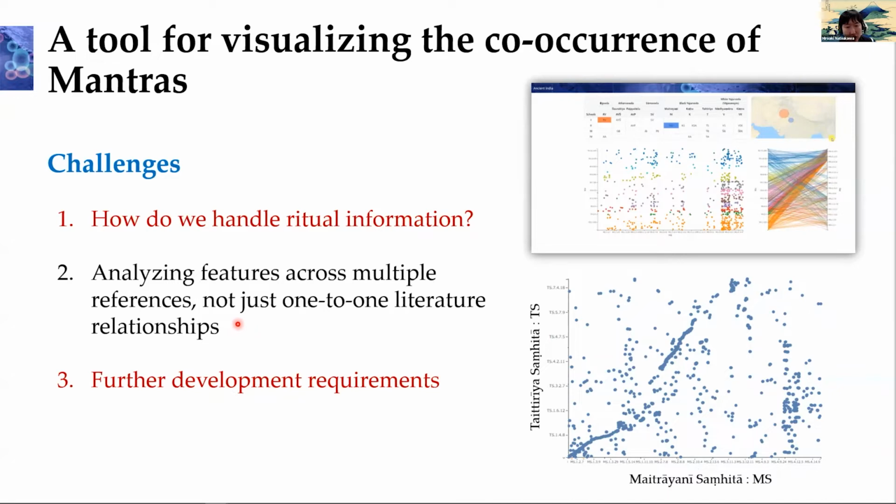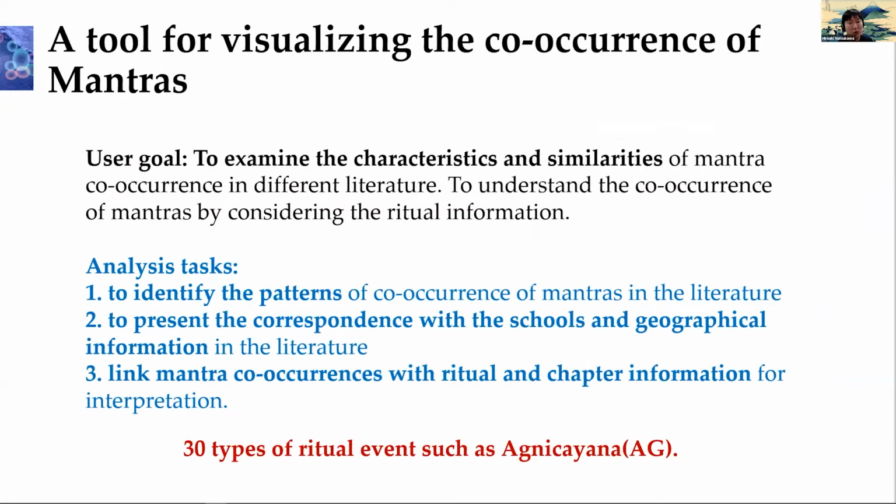And to improve the tool, we needed to organize the functional requirements and design. First of all, in order to improve the tool, we discussed with Amano sensei and organized the user goal and analysis tasks. We said the user goal is to examine the characteristics and similarities of mantra co-occurrence in different literature, to understand the co-occurrence of mantras by considering the ritual information.